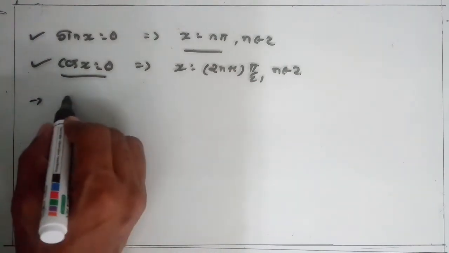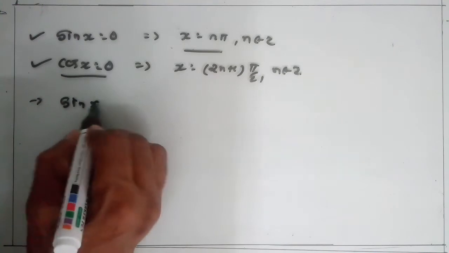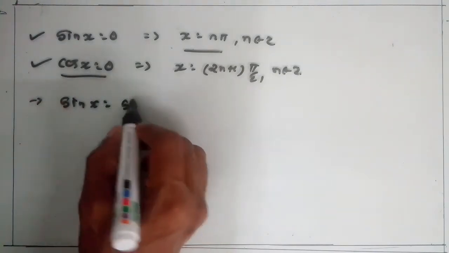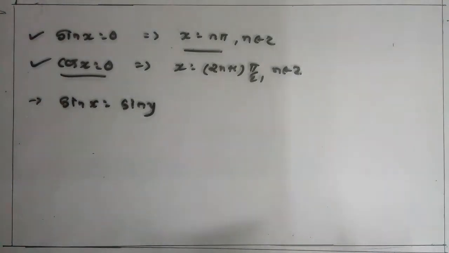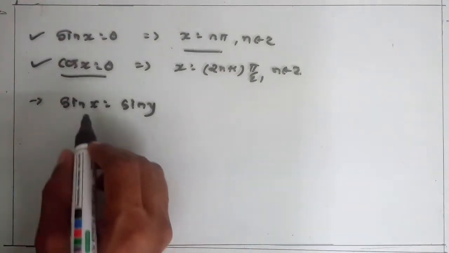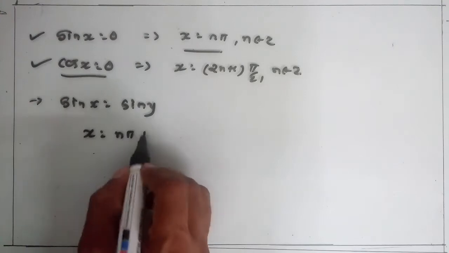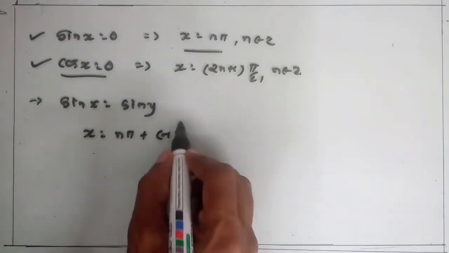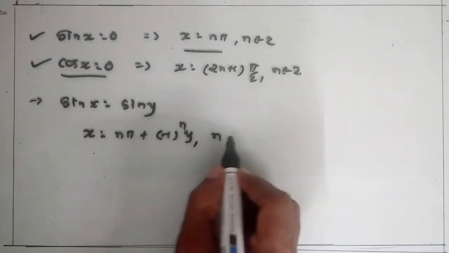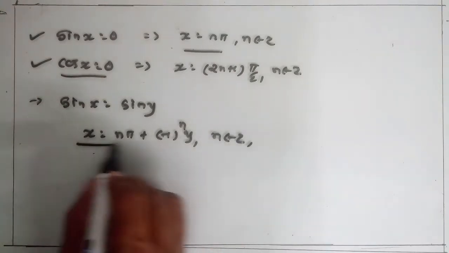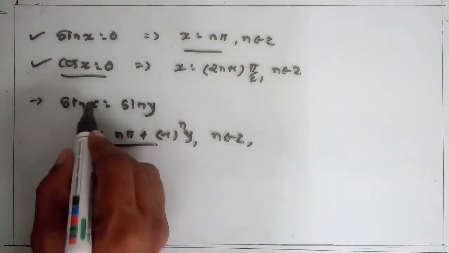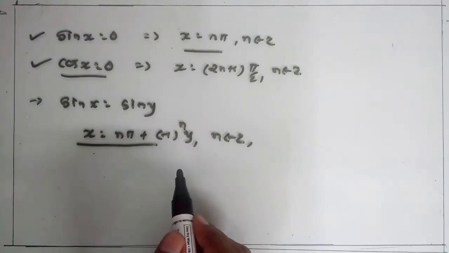Now the solution for sin x is equal to sin y: x is equal to, remember this, n pi plus minus 1 raised to n y, n belongs to Z. This becomes the general solution for sin x is equal to sin y. Clear?